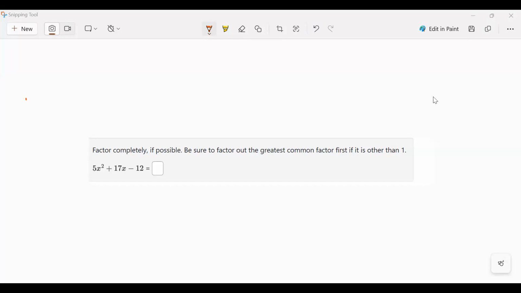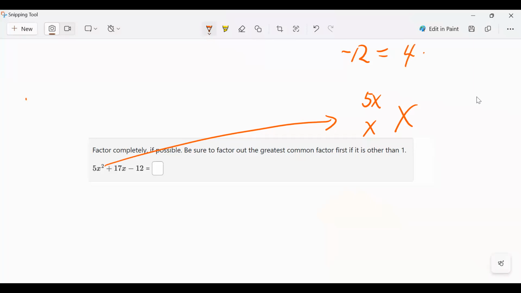All right, let's go over the solution. First of all, break down the 5x squared: it will be 5x times x. Next, break down the negative 12. It could be 1 times 12, 2 times 6, 3 times 4. But in this case, the correct one will be 4 times 3, positive 4 and negative 3.